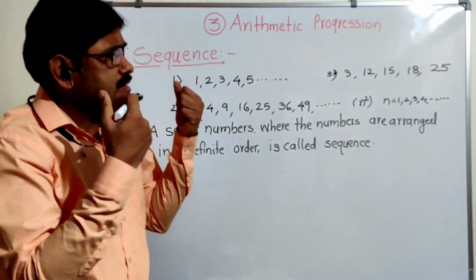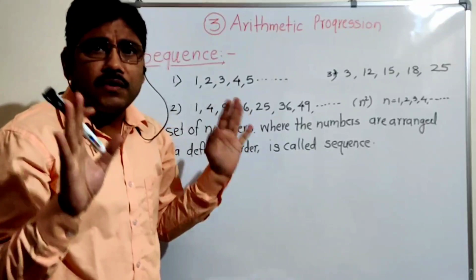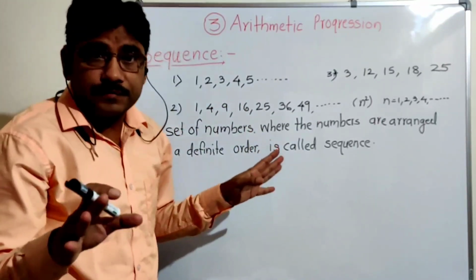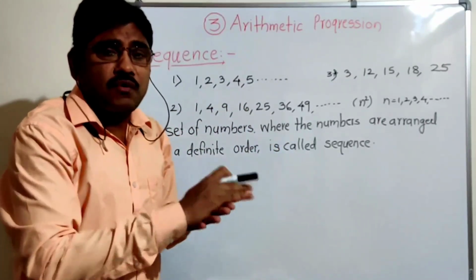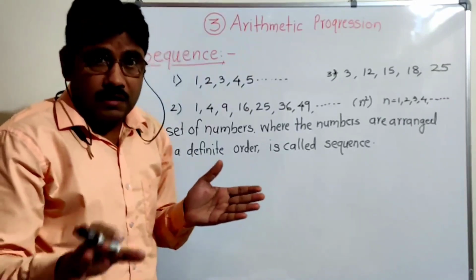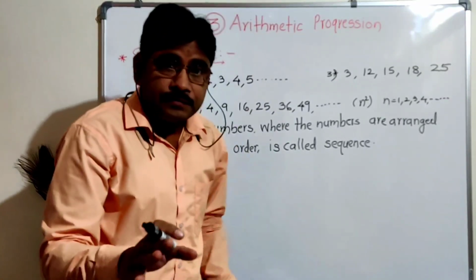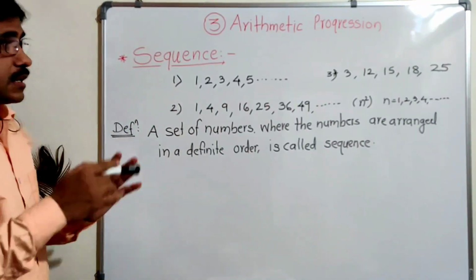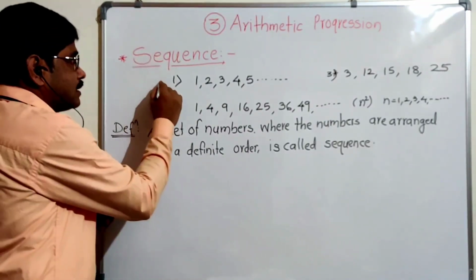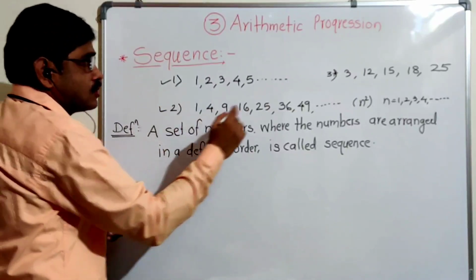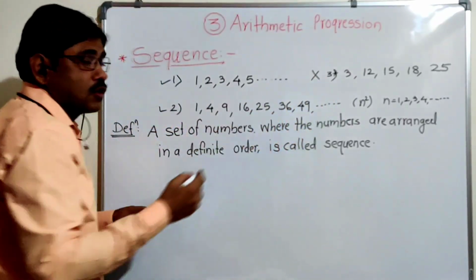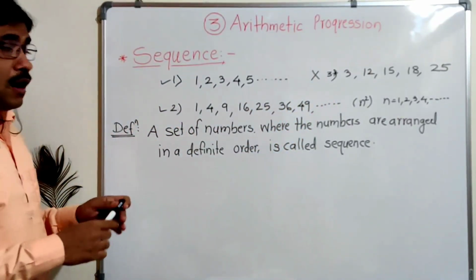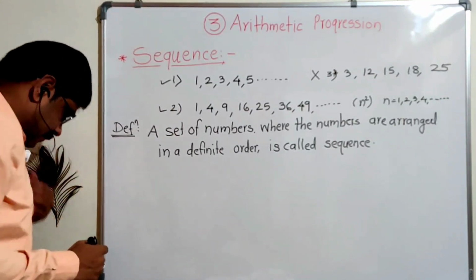So these are arranged randomly, not in a definite order. They do not follow any rule, any property, and that's why this is not a sequence. So the first one is called a sequence, the second one is called a sequence, and this third is not called a sequence. So how to define a sequence?